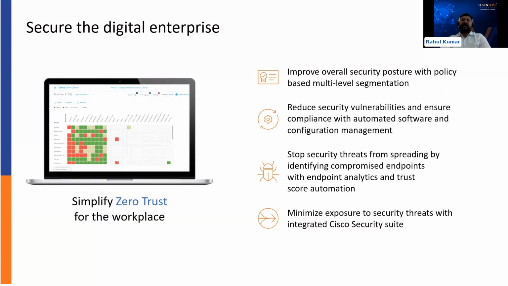So Cisco DNA Center helps to secure the digital enterprise with zero trust network access together with Cisco ISE, which will be an integration with Cisco DNA Center. Okay, that will identify users and devices who all are connecting to your network, so you will be having visibility, right? Because in security we say, if you cannot see you cannot protect, right?